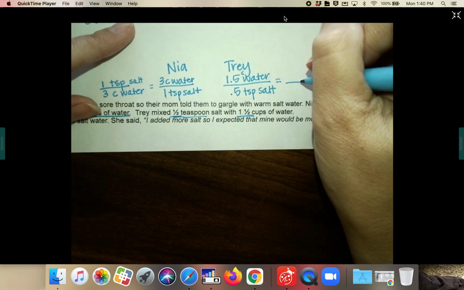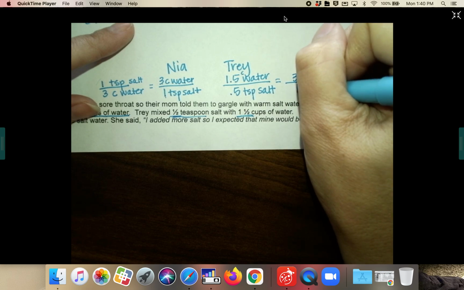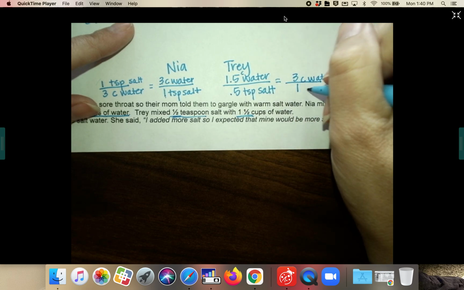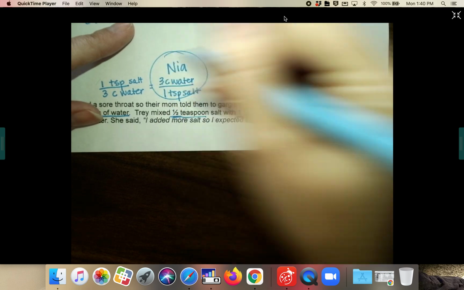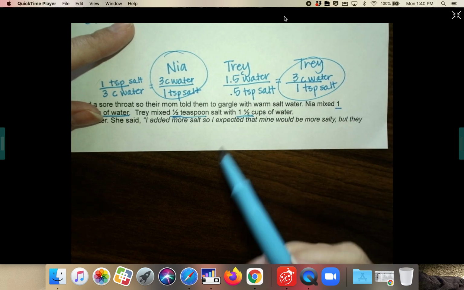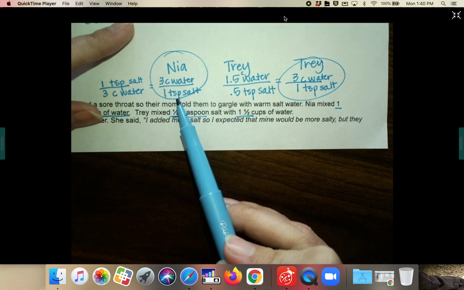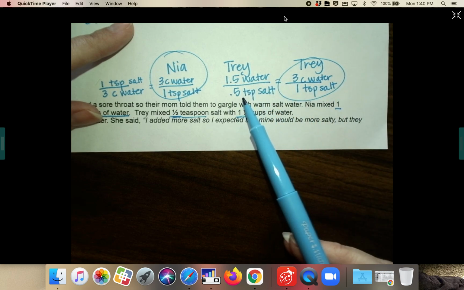So that would be the equivalent of 3 cups of water for Trey per 1. Since I divided it, it's always out of 1. Unit rates mean they're out of 1. So look at this. Nia's and Trey's are actually the same, because 3 cups of water per 1 teaspoon of salt is the same as what he came up with once we get it into a unit rate.